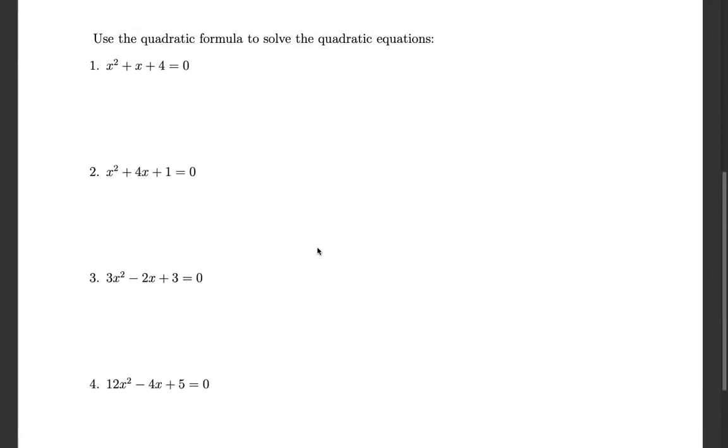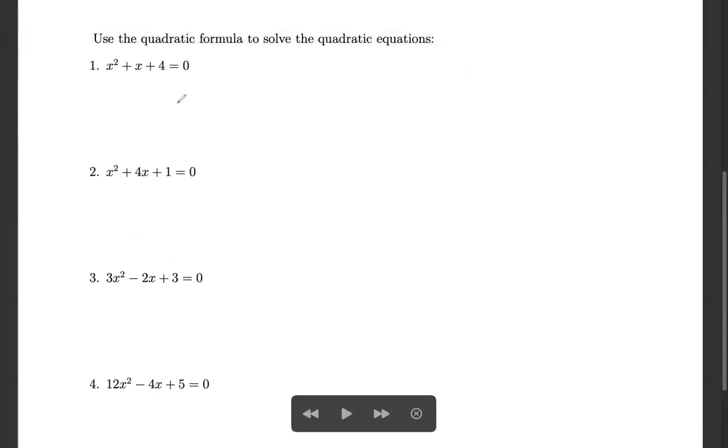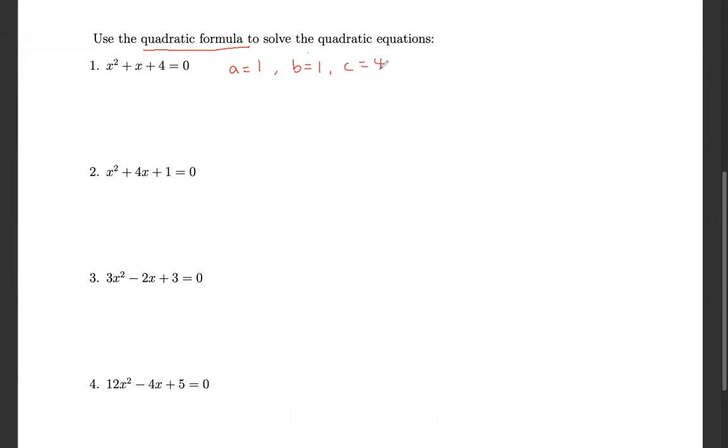Now let's practice this. Let's use the quadratic formula. First we need to figure out a, b, c. a is the number before x squared, which is 1. b is the number before x, which is 1. c is the number all by itself, which is 4.